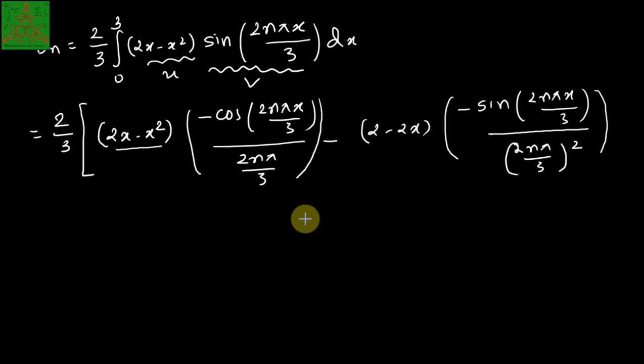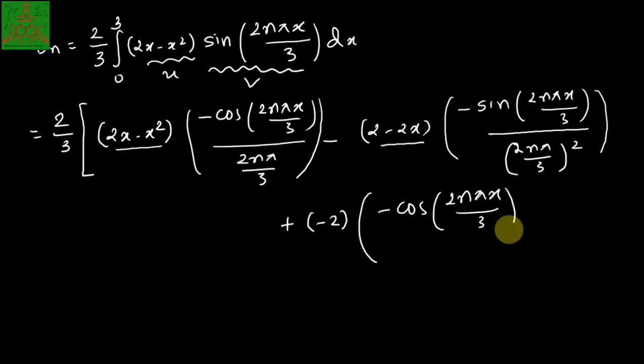The next term will become plus, and that is the derivative of this one, which is minus 2. The integration of this term will become cos 2n pi x by 3 upon (2n pi by 3) whole cube.